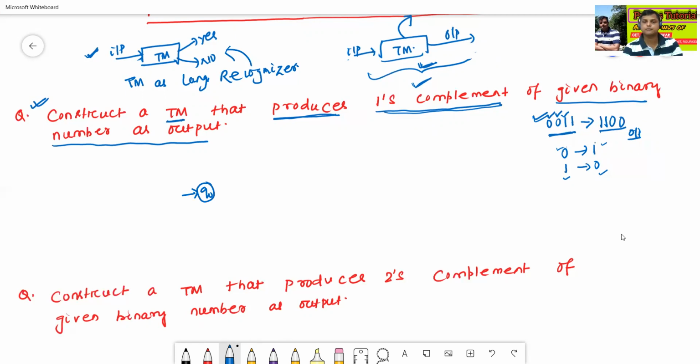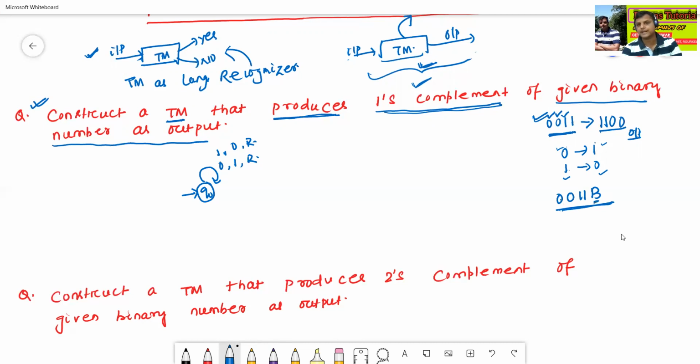When it sees the input 1, it will convert it to 0. That means 0 as 1 and move towards right, and 1 as 0 and move towards right. So here the input string is 0 0 1 1, and I'll add one blank symbol at the end of the string. This is my final input string. So it will convert 0 as 1 and 1 as 0.